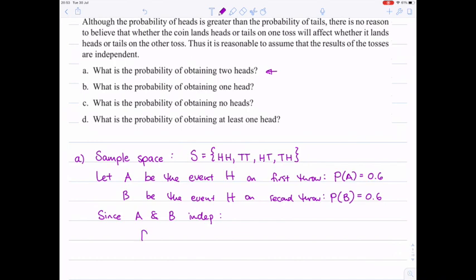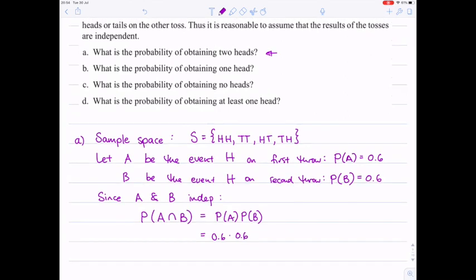our probability of getting heads on the first throw and heads on the second throw is equal to the probability of A times the probability of B, which is 0.6 times 0.6, which is 0.36.